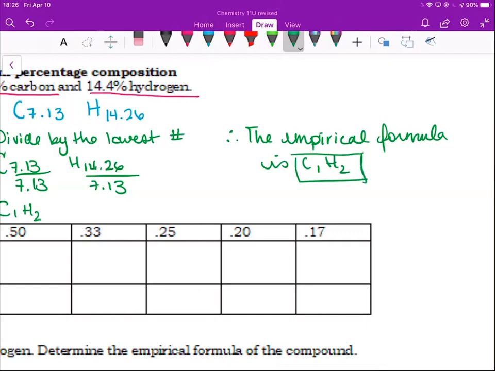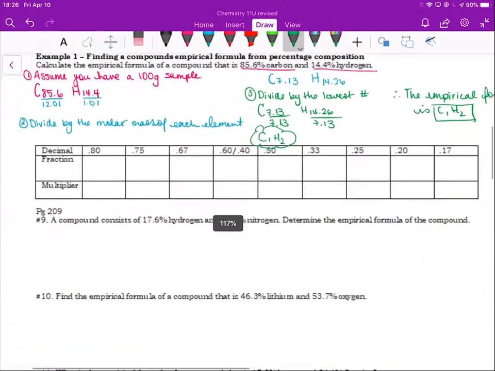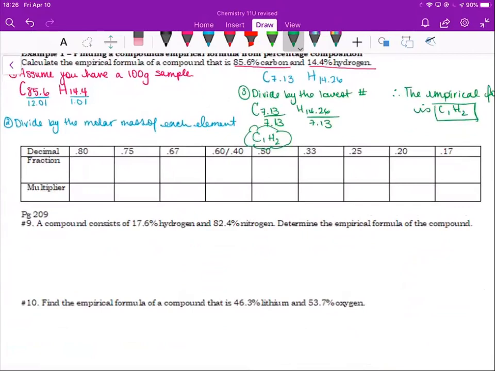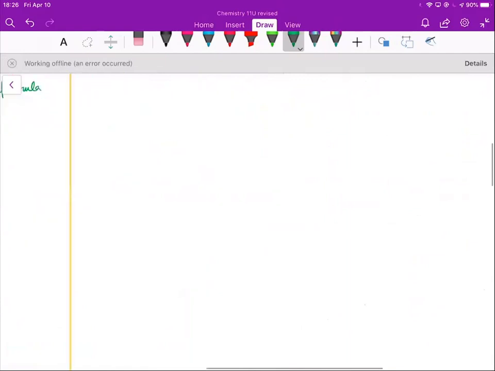All right. Now, sometimes you won't get a nice number in this final step. So you need to be able to quickly convert the decimal form into the fraction form and then figure out what you're going to multiply everything by. What I mean by that is, I'm going to give you an example.